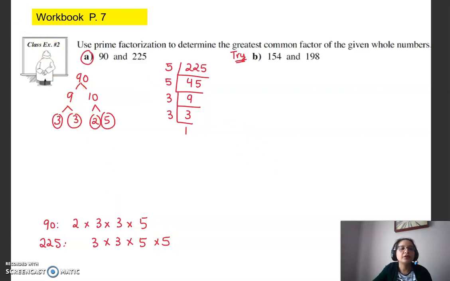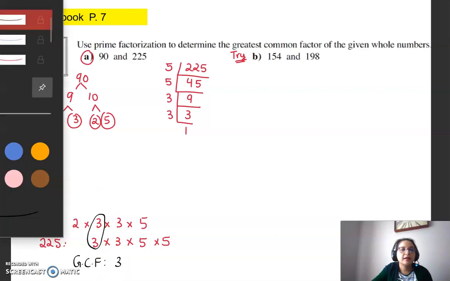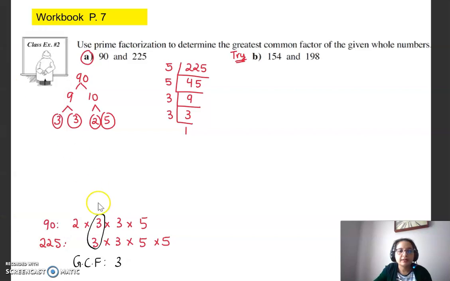Now we're going to look for the greatest common factor, the GCF here. The GCF has to be the factors which are common in all the numbers given. In this case, only 2 of them are given. So this 3 is common. So I'm going to write this 3. Then this other 3 is also common. So I'm going to write that one down.